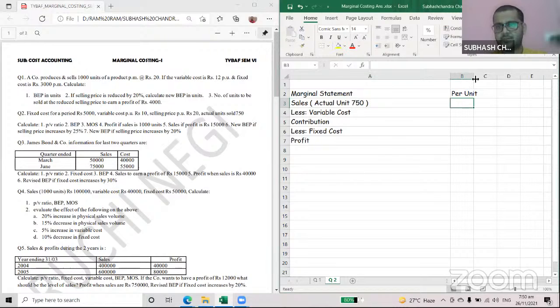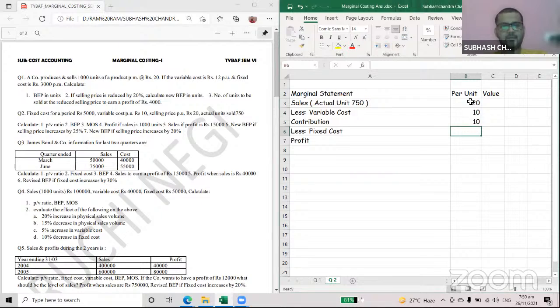So first we'll calculate per unit, and then we'll calculate in value, amount. So see, sales per unit here is given as 20 rupees. Variable cost is given as 10 rupees per unit. So contribution will be 10 rupees.